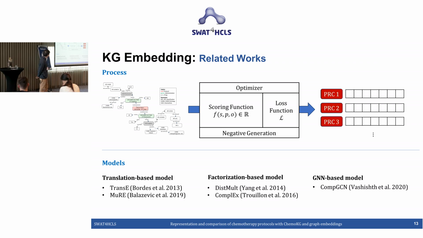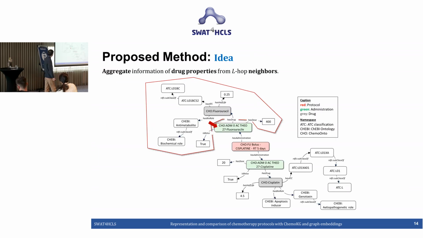And then lastly, there are graph neural network-based models, which try to gather information about target entities from their neighborhoods to learn the models. For our proposed model idea, we are trying to aggregate all the drug property information into certain administrations or protocols, so that the chemotherapy is represented properly and carries information about all the drug properties.